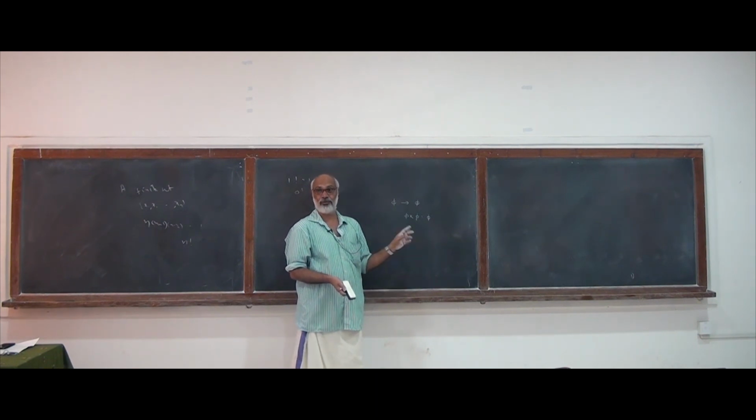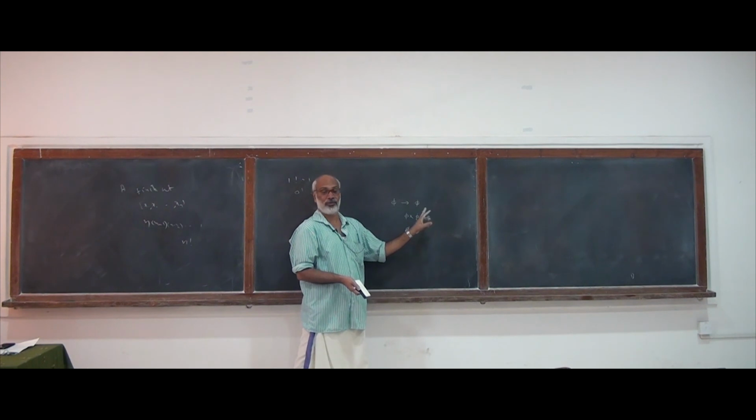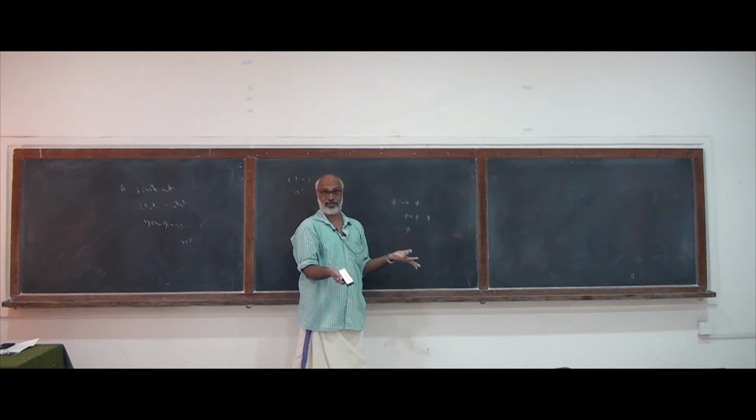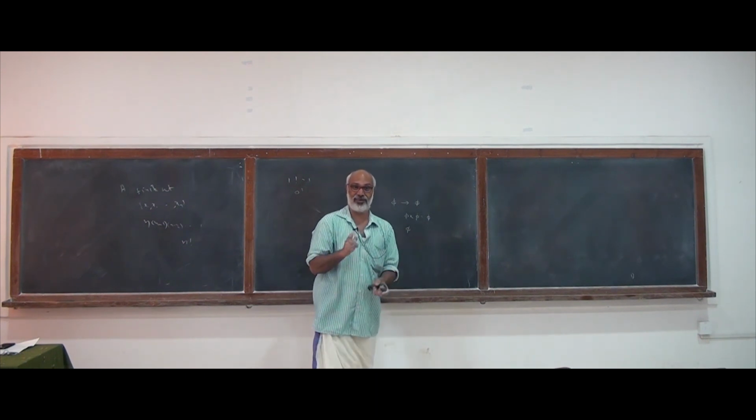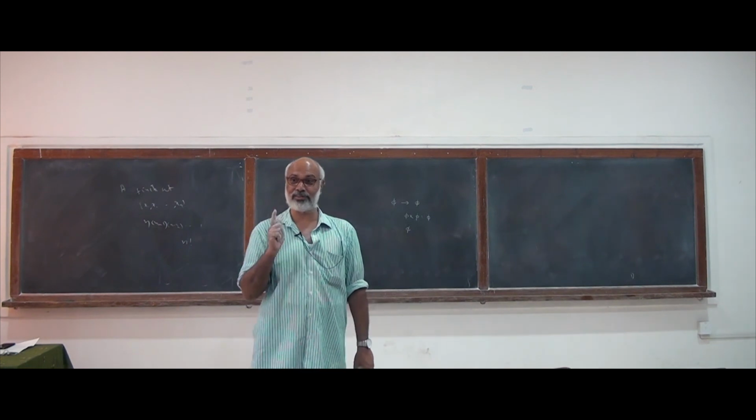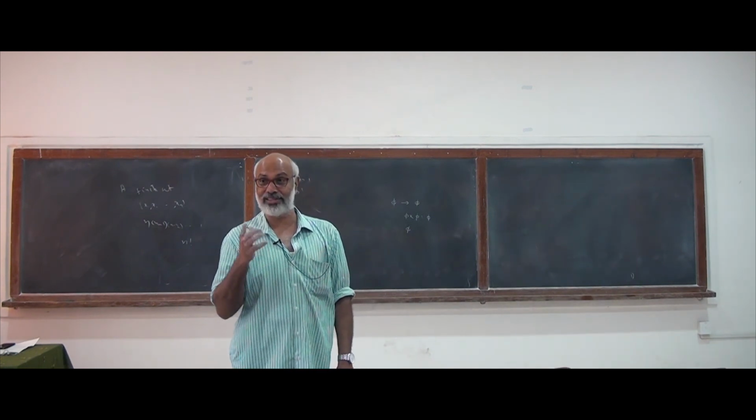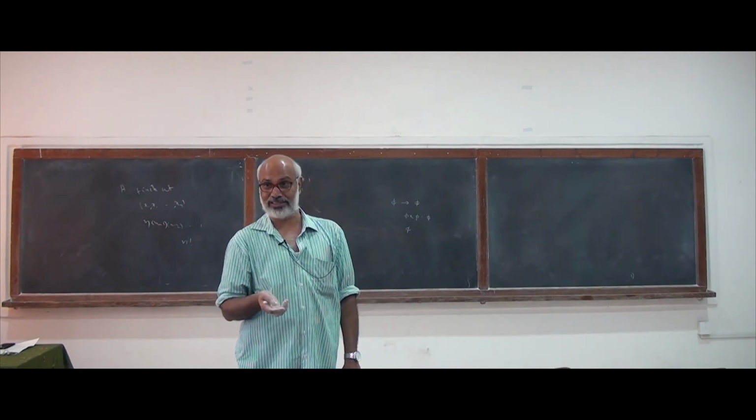If you want to prove that it is not onto, you will have to show an element in the empty set to which no element is mapped. You cannot show such an element. Therefore, you will have to admit that it is onto also. So the empty function is a one-one and onto function. So there is exactly one function from the empty set to the empty set which is both one-one and onto. There is a bijection.